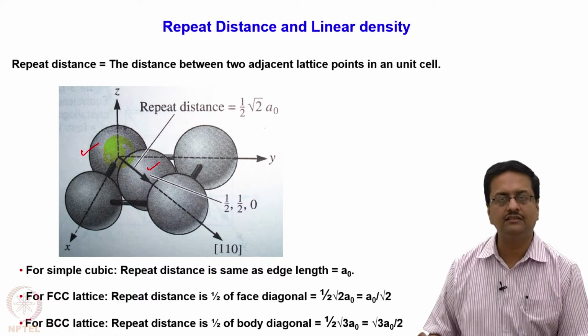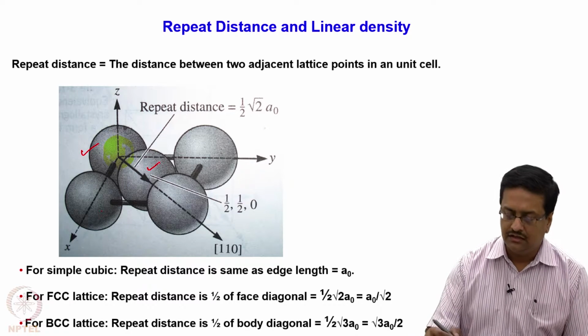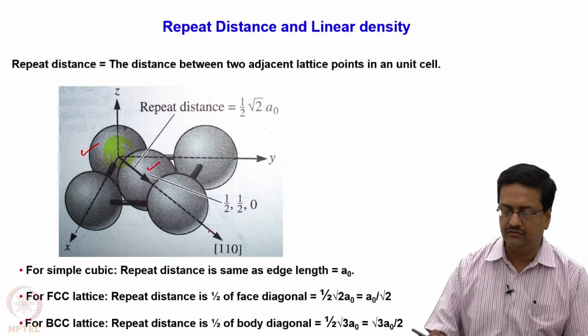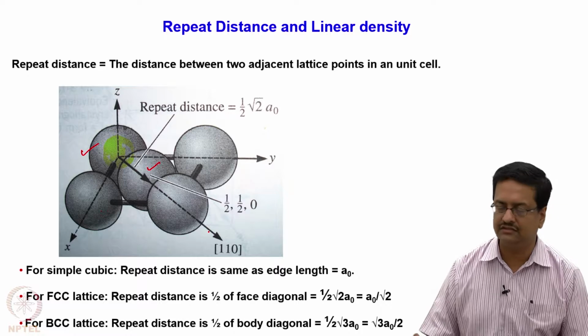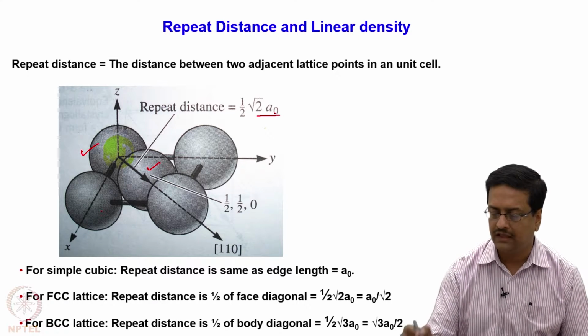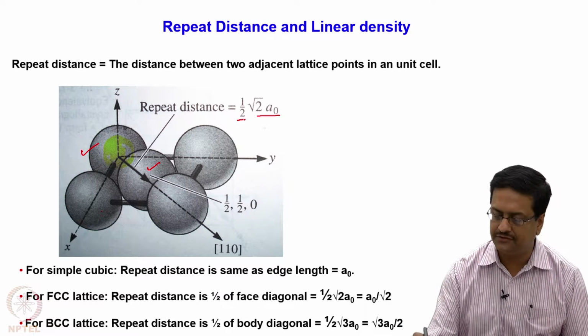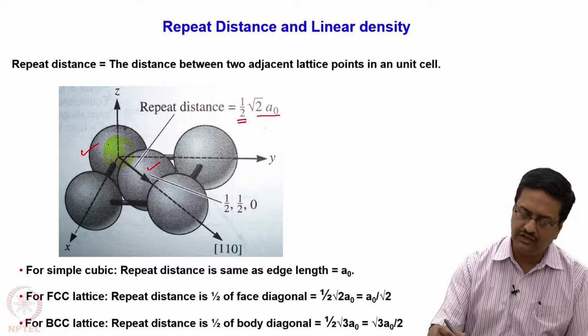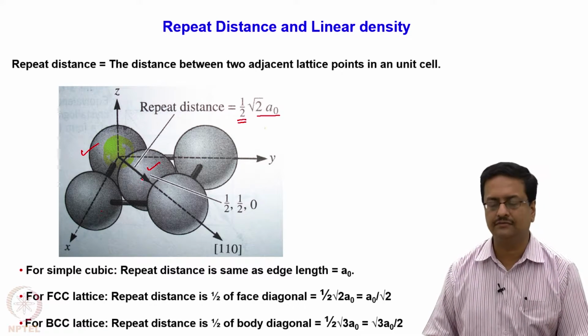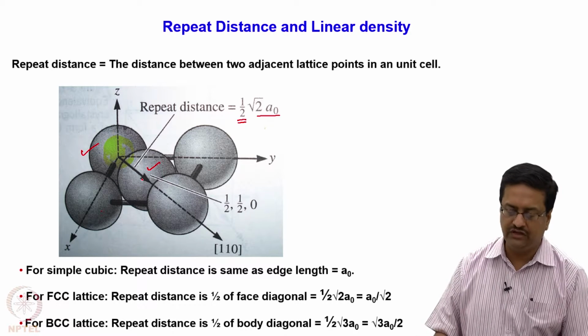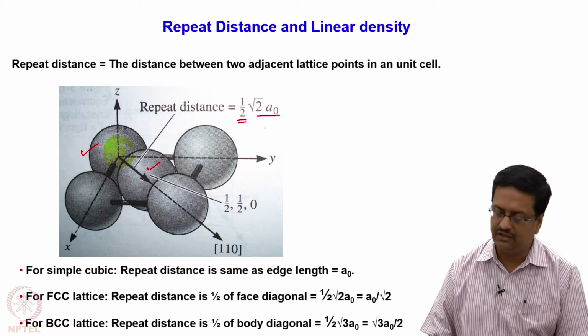The face diagonal is a distance of root 2 a, and the repeat distance is half of that. So by moving along half of this diagonal, we reach one particular lattice point.